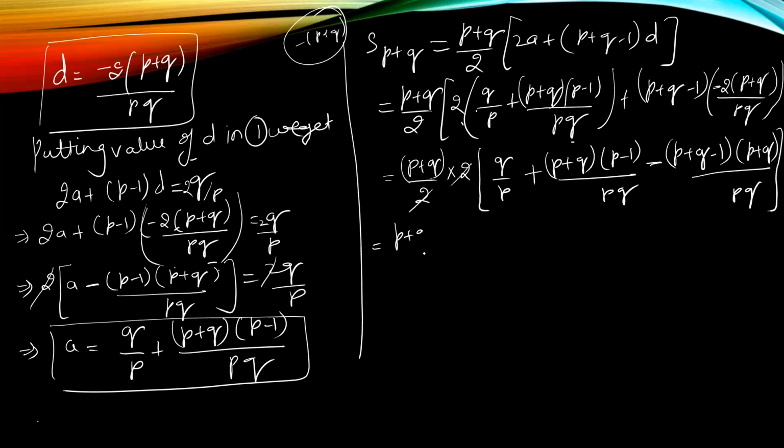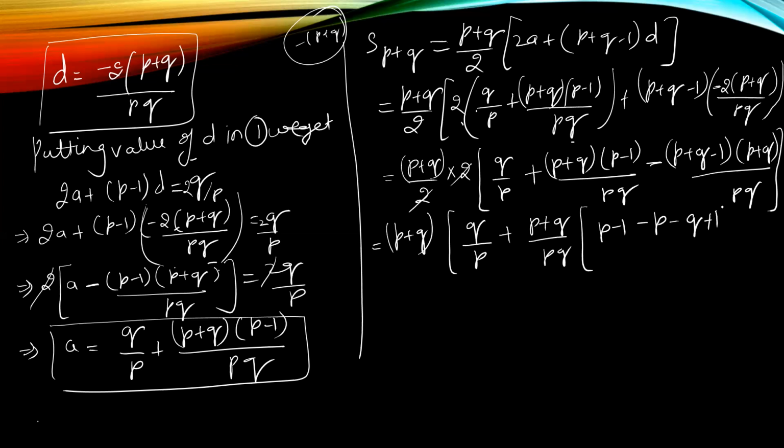So we'll have p plus q, and now leaving q by p aside, taking p plus q common upon pq also common, we're left with p minus 1 minus p minus q plus 1, right? As you can see, minus p plus p gets cancelled, minus 1 plus 1 gets cancelled.